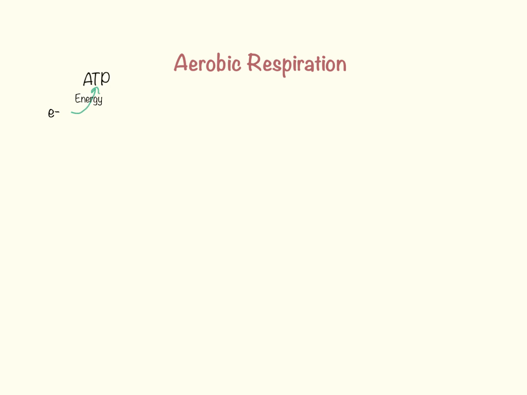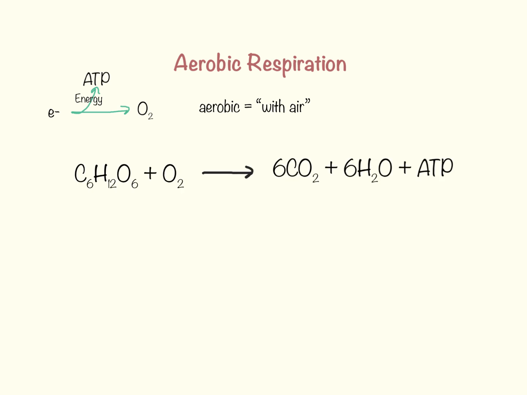Once all usable energy is removed from the electrons, they must be deposited somewhere. Different types of organisms use different molecules to accept the used-up electron. Animals use oxygen as the final electron acceptor, and this pathway is called aerobic respiration. Here is the summary equation for aerobic respiration.